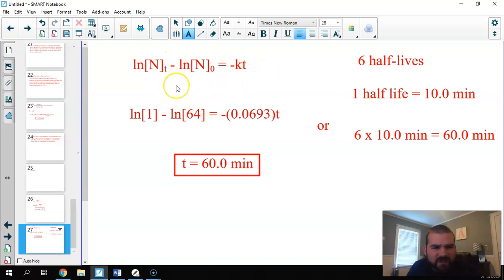Well, we don't have concentration, we have atoms, but those ratios are the same, so we can plug those numbers in. So the natural log of the 1 atom at the very end minus the natural log of 64 atoms at the very beginning should equal negative 0.0693, which is our value of k, which we solved for previously, times t. You plug all this in and you get 60 minutes, just like I had explained using the easier method.